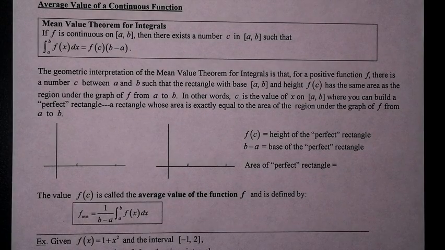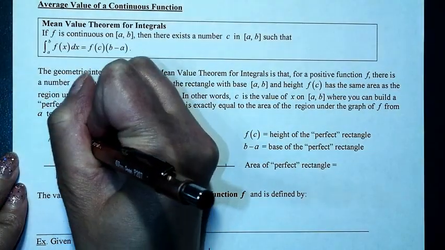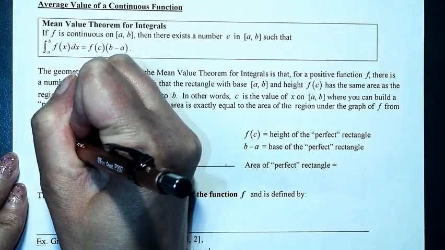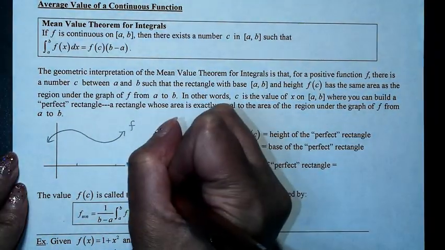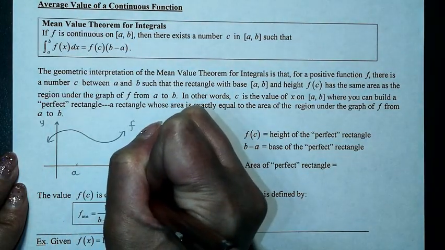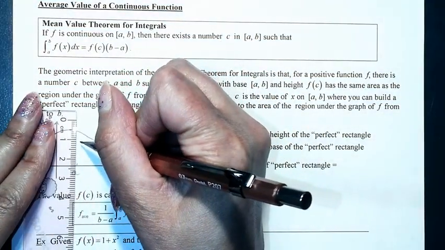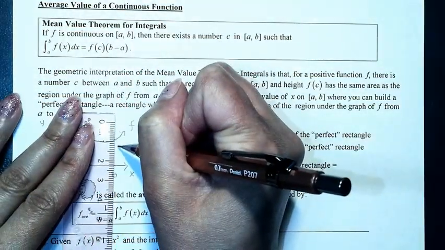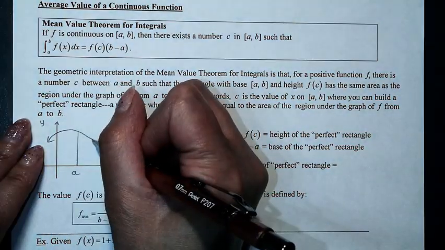It's not going to be perfect, but let's say that you have a curve, something like this. This is your function, let's call it f. This is x, this is y. This is a, and this is b. So the area of interest is from here to here, and let's say that c is here.